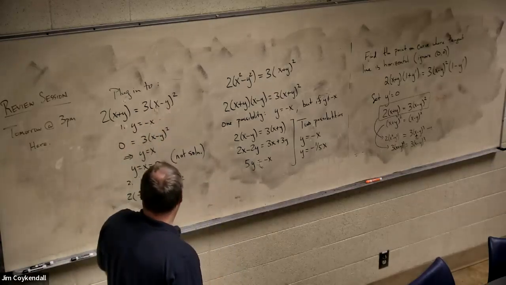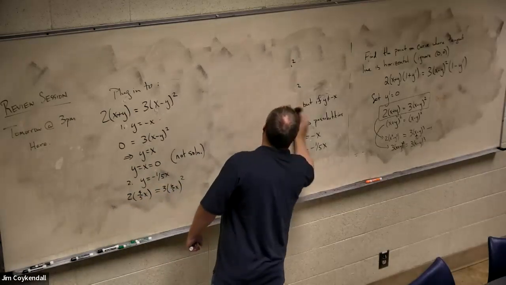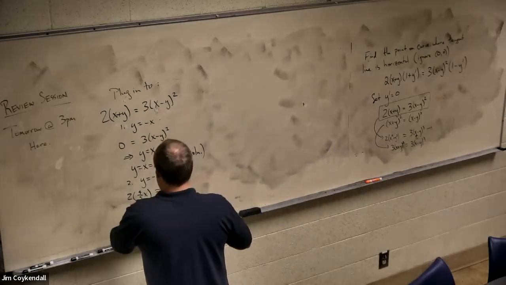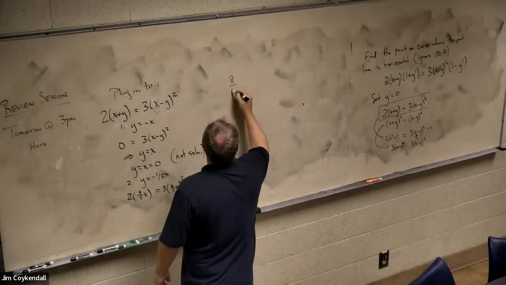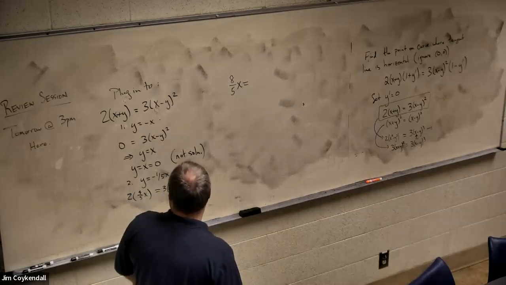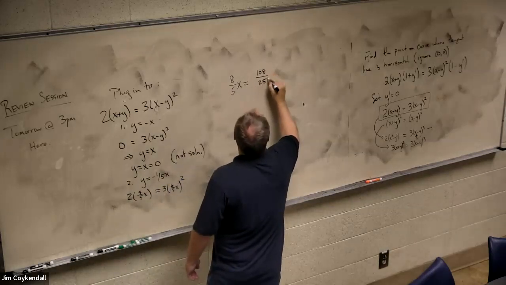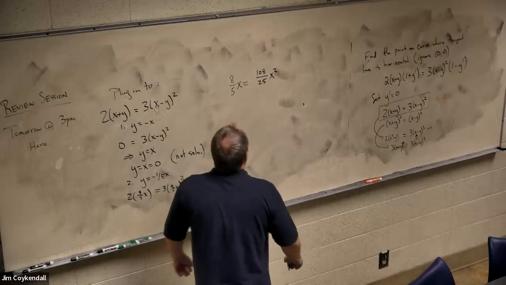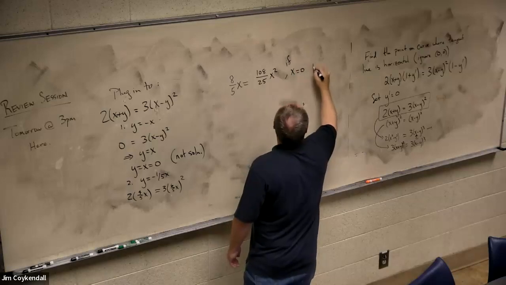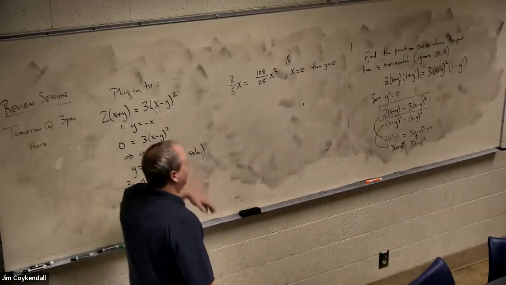Right. So what does this give me? This one gives me a mess. This is 8/5 x is equal to 108/25 x squared. So either x equals 0, x is 0 and y is 0, and we throw out that solution.